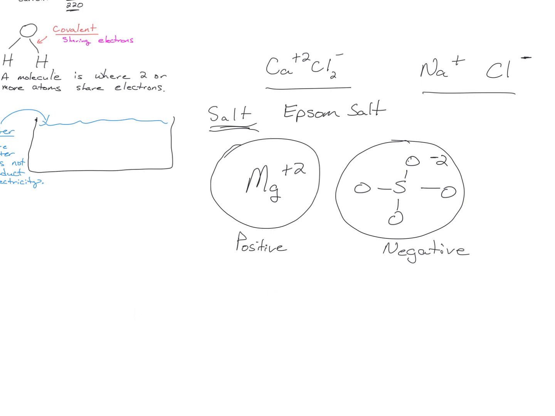So essentially, when you're talking about salts, you can have a salt that's only an atom for the positive, an atom for the negative. You can have an atom with +2 charge and then 2 atoms of chloride, which would have negative charges each. They're not bonded with each other. They're just hanging around the calcium. Or you could have a molecule that's bonded together, but that has a -2 charge.